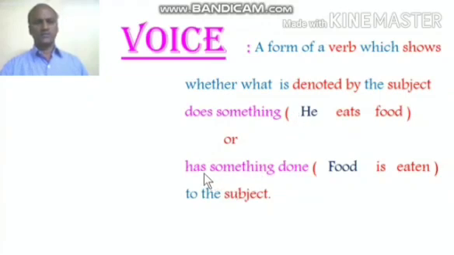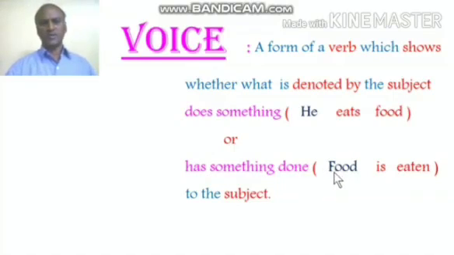The other thing that is happening is has something done. For example, food is eaten. Now here the food, something has happened to the food. So here we use the arrow mark for the subject which is doing the action. And the next one, here this arrow mark indicates that the subject is receiving the action.